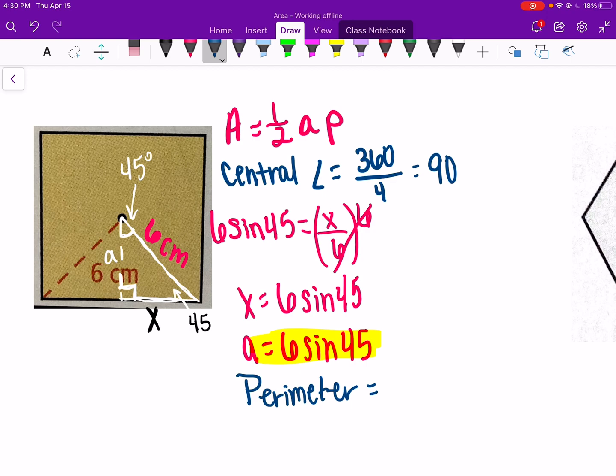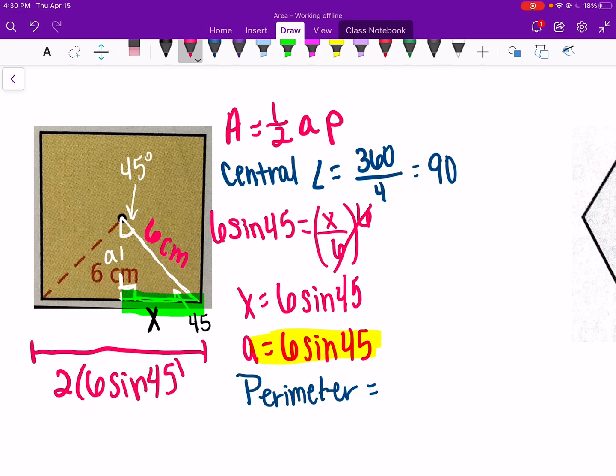So remember that x value that we found was half of a side length. So a full side length is going to be 2 times 6 sine of 45. And the perimeter is going to be the side length times 4.